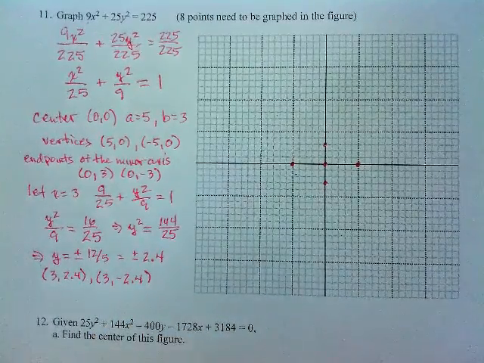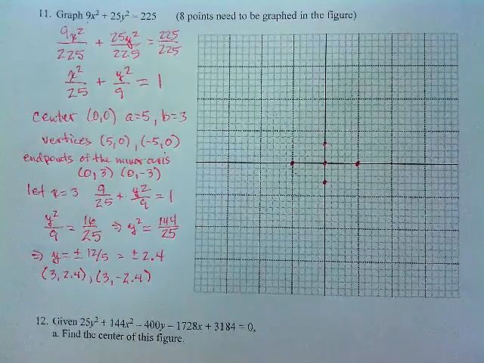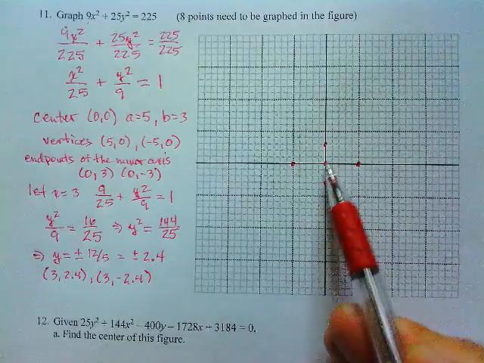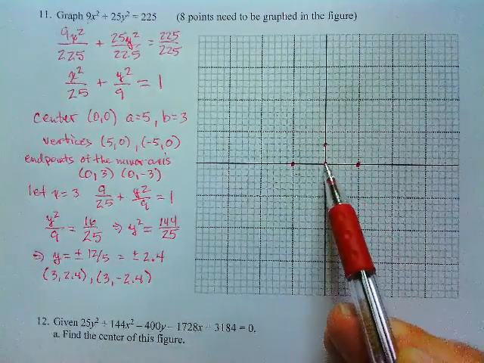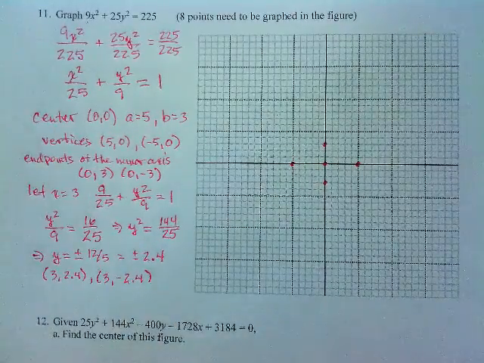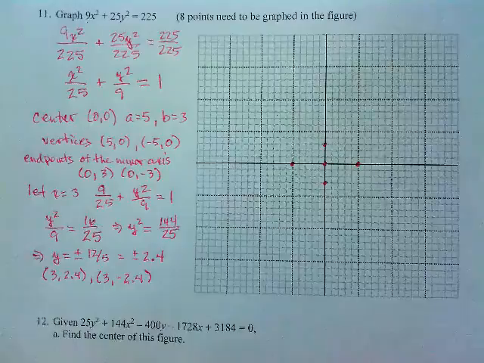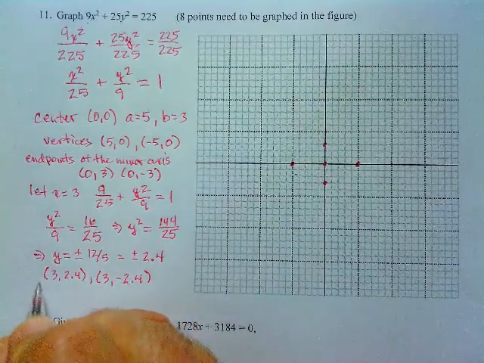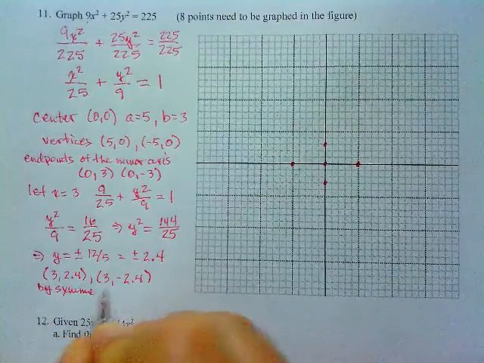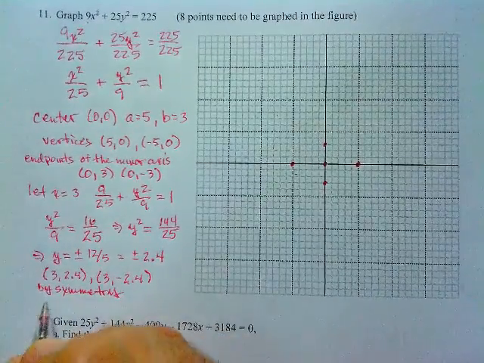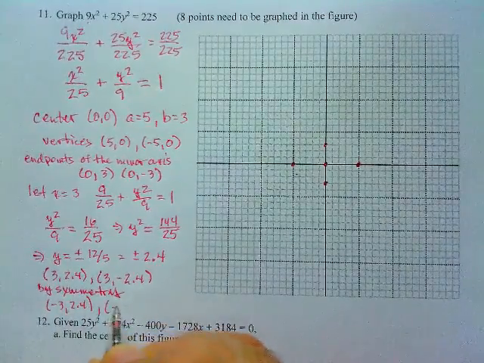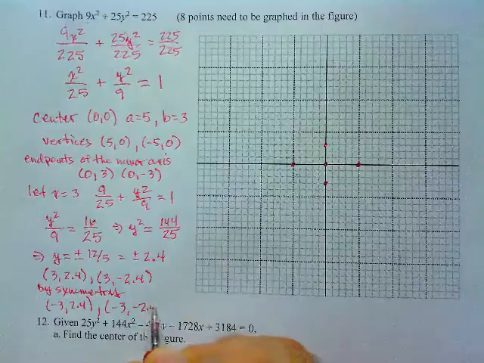Now, as mentioned before with the circle, since this worked for x equals 3, which is 3 to this side, it should work for negative 3, which is 3 to that side, because when we go back to our x squared, negative 3 squared is 9, just like 3 squared was 9. And so by symmetry, we're going to get negative 3, 2.4, and negative 3, negative 2.4.